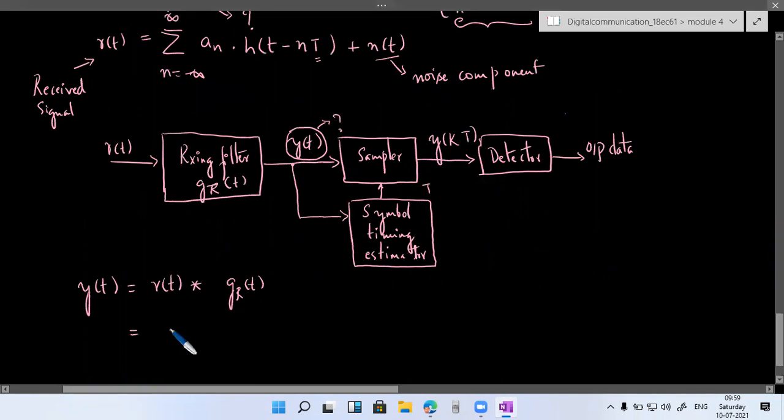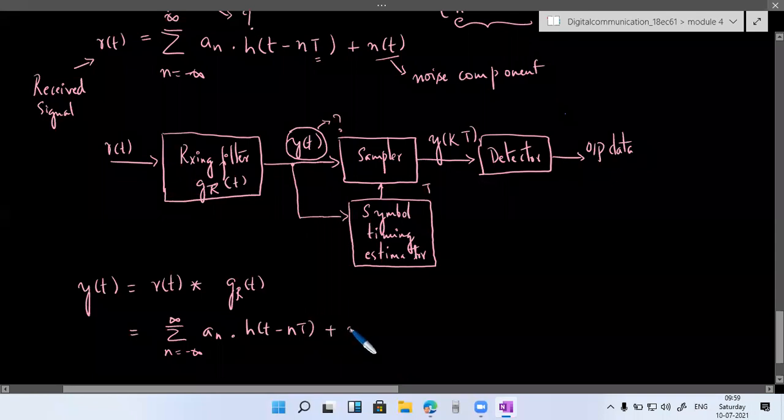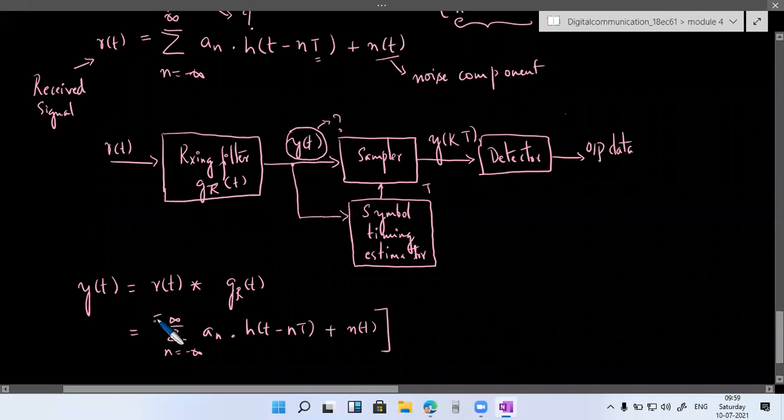So this is equal to summation n starting from negative infinity to positive infinity a_n into h(t minus nT). Sorry, I got to use capital T over here. Capital T plus n(t), that is the noise component. Entire thing convolved with g_R(t).